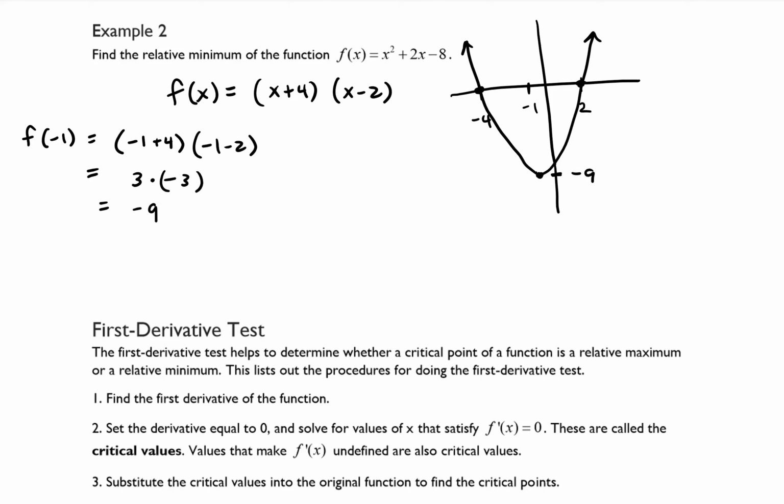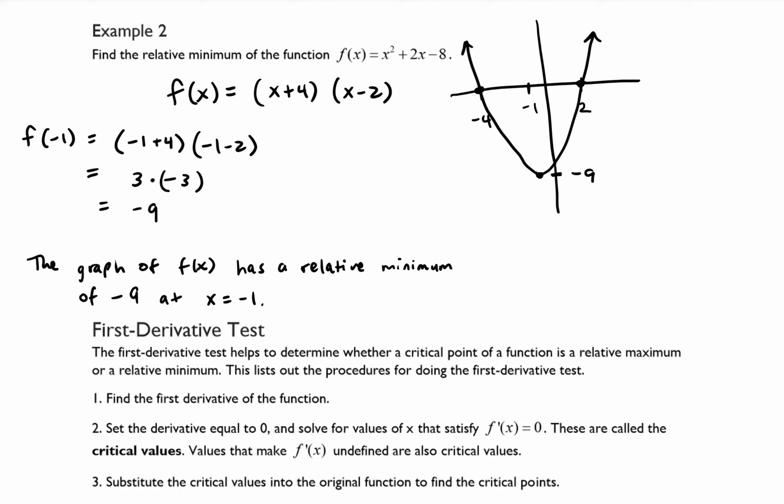So this value here is negative 9, and we would say that the graph of f of x has a relative minimum of negative 9 at x equals negative 1. And that should be sufficient for a final answer.